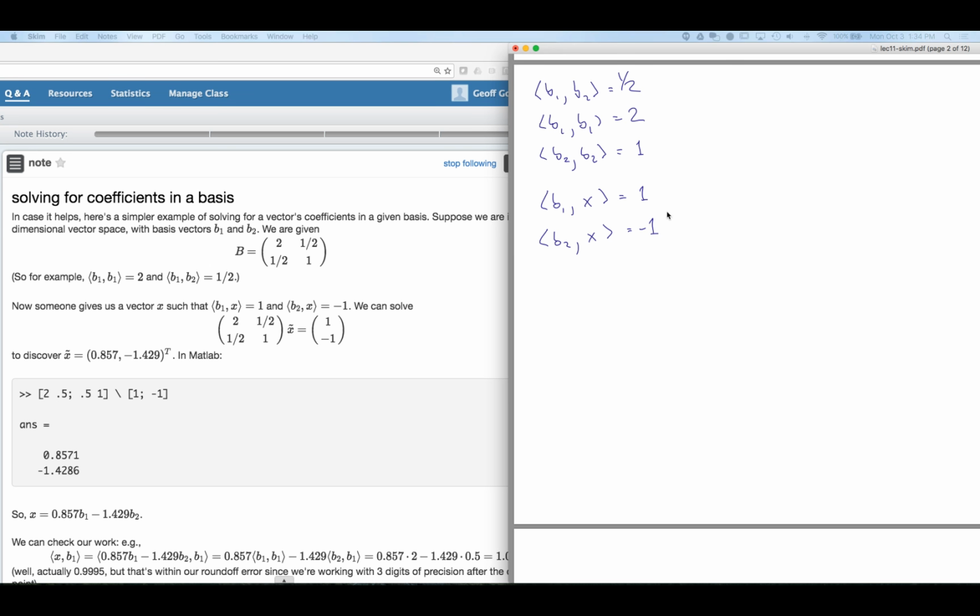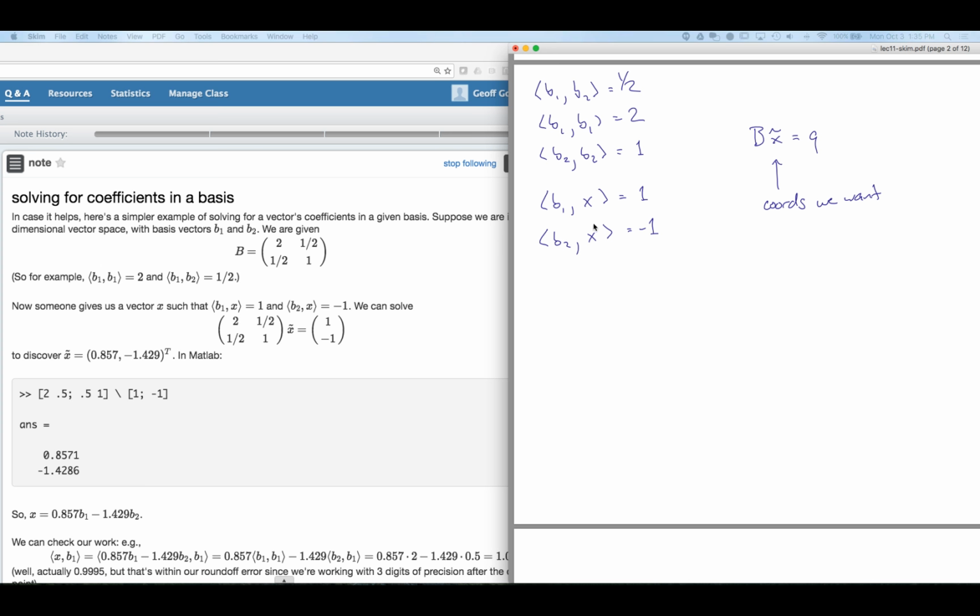So then what we can do is we can write out a linear equation to solve, right? So that linear equation is B x tilde is equal to Q, where here x tilde are the coordinates we want, right?